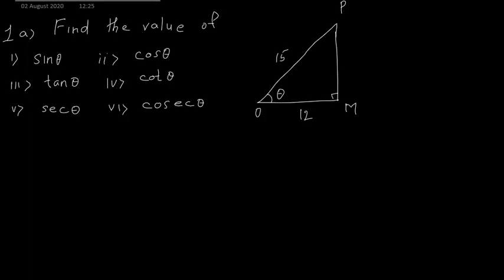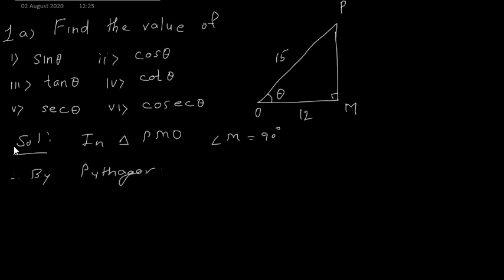So before we start the problem, we should know the length of each side. So in this PM is not known. Now angle M is 90 degree. So in the solution I can say that in triangle PMO angle M is 90 degree. Therefore by Pythagoras theorem, what we can say?